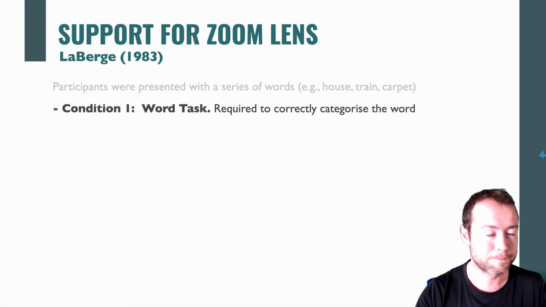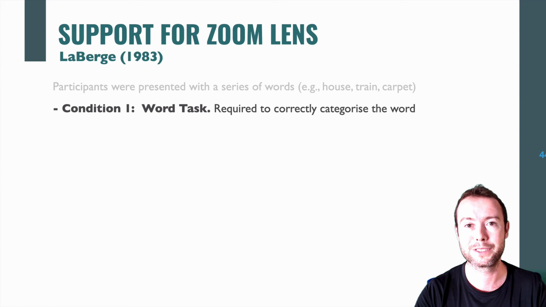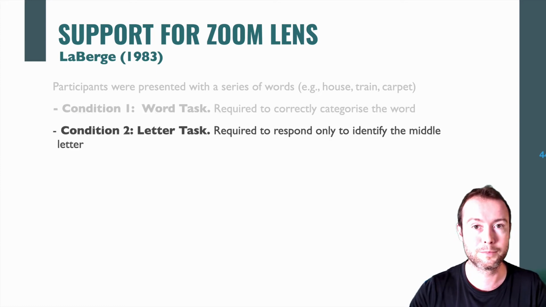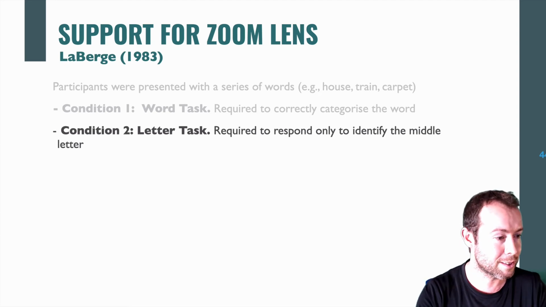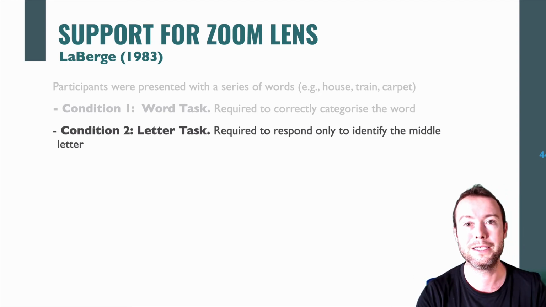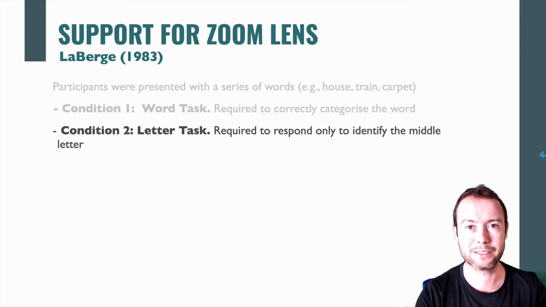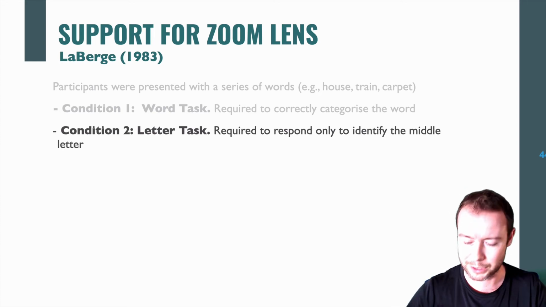In one condition, they had to do a very straightforward categorization task. So you had to say, what category does this word belong to? And in the second task, they had to respond simply to the middle letter of the word. So in the case of train, you would have to indicate that yes, the middle letter was A. So in both conditions, a pretty simple, straightforward task.